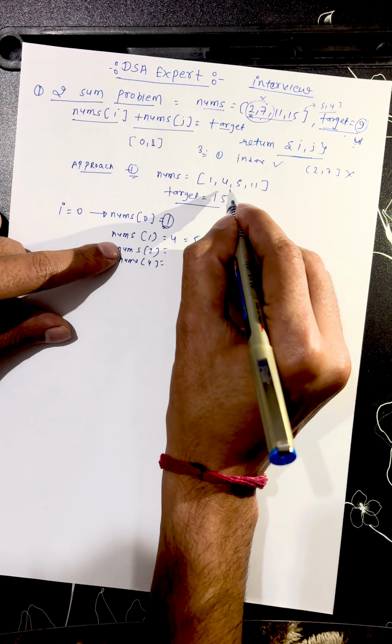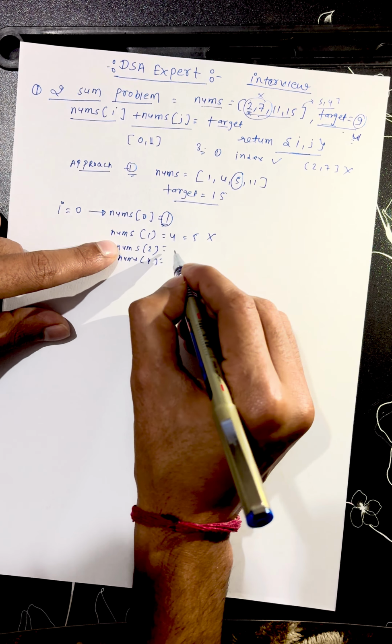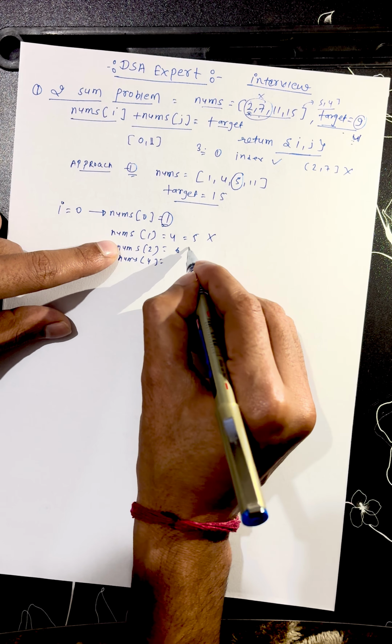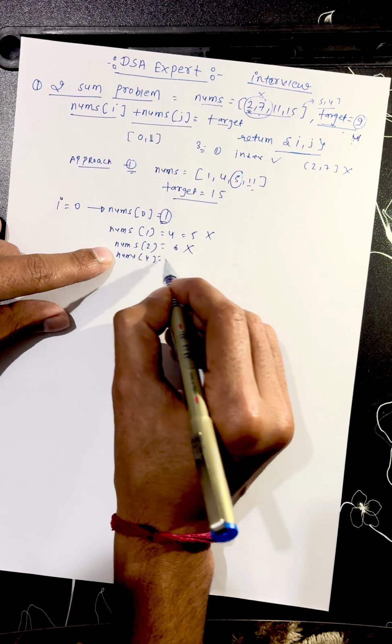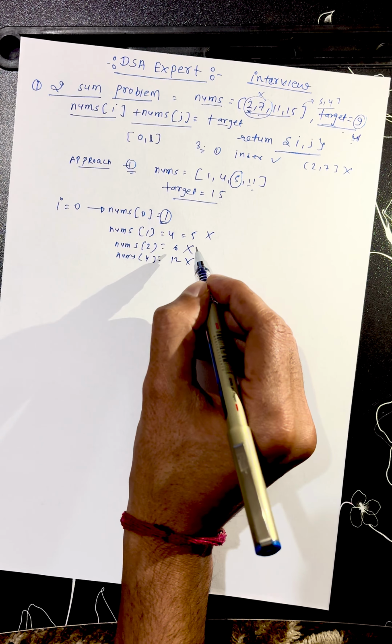Second element, that is 5. 1 plus 5 equal to 6, that is not equal to the target. And the last element, that is 11. 1 plus 11 equal to 12, that is not equal to the target.